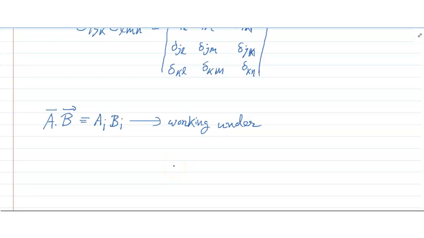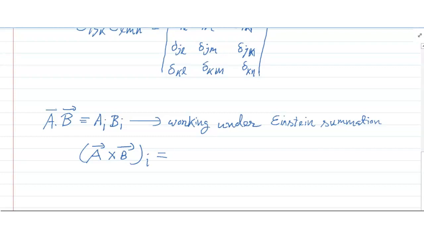So I am going to write the ith component of a cross b equals epsilon ijk a_j b_k.